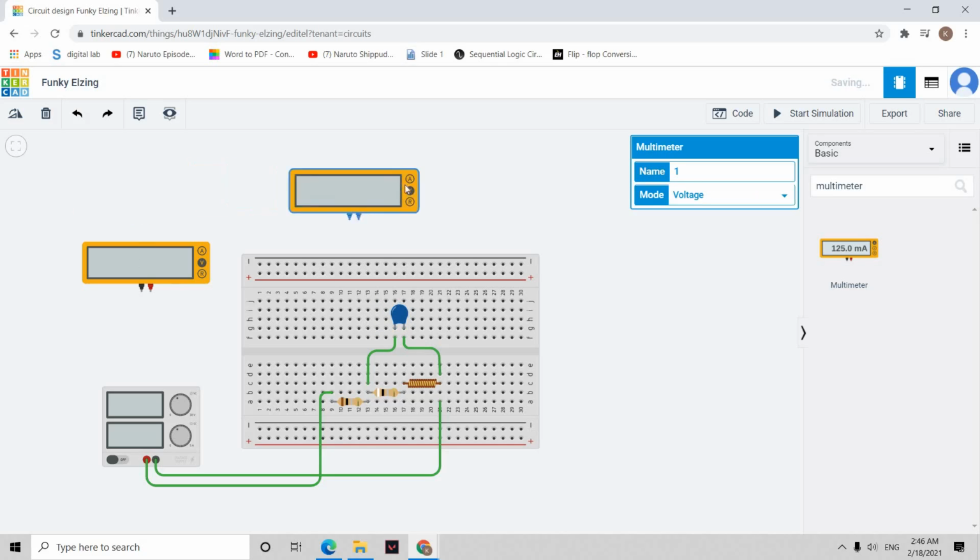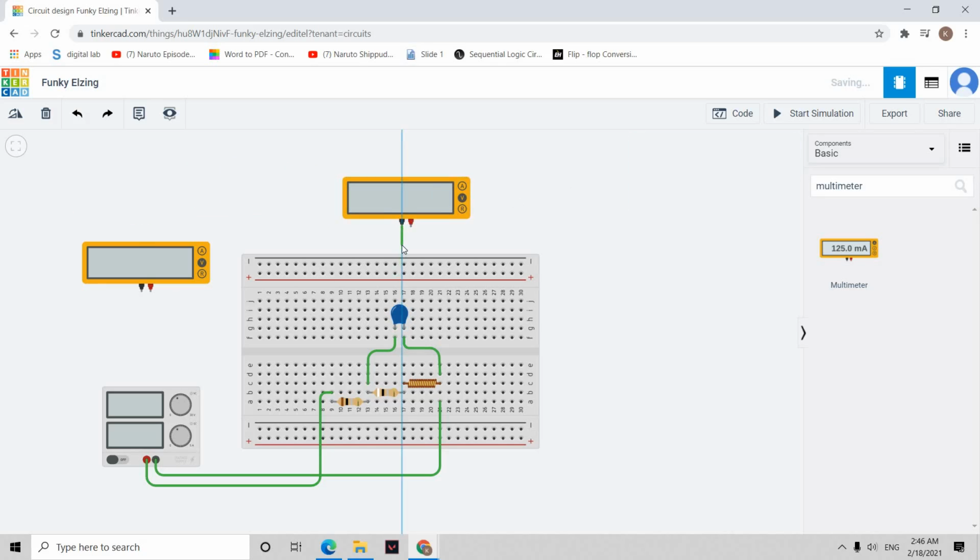I'm going to place the voltmeter over here. It's already in voltage mode. The negative terminal goes over here, and then the positive terminal.